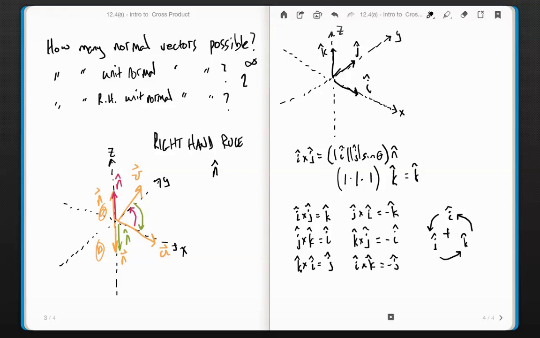So we make a little plus in here like this. So i cross j gives you k, j cross k gives you i, k cross i gives you j, and if you go the opposite direction, everything becomes negative. So instead of the circle of fifths, we'll call it the circle of unit vectors. In fact, I'm going to label it that. Circle of unit vectors.